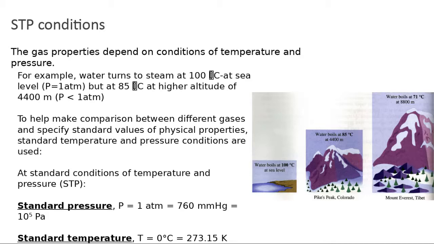The gas properties depend on the conditions of temperature and pressure. For example, water turns to steam at 100 Celsius at sea level, where the pressure is 1 atmosphere.